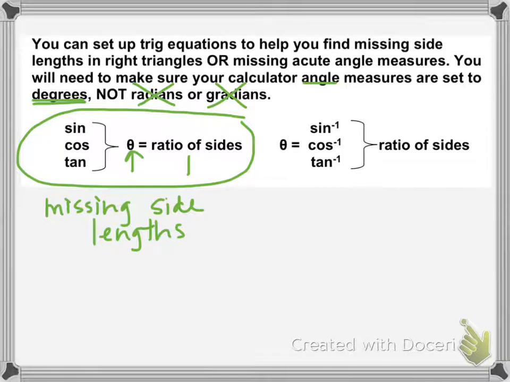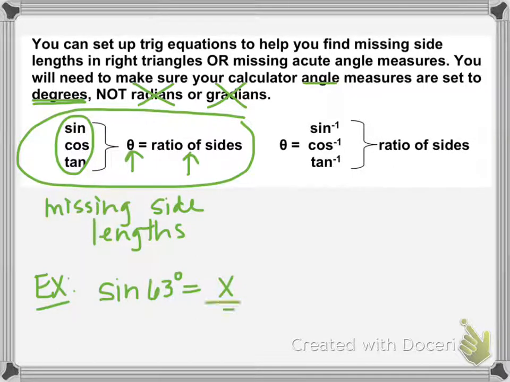In your ratio over here, one part of your ratio will be a variable, okay? You're going to choose the appropriate trig function based on what you know. And I'll explain how this works when we do a few examples. So an example of what this could look like, of course this is just an example, you might have an equation that looks like this. Sine of 63 degrees equals x over 5. Okay, that could be a possible equation. And then I'll teach you how to solve that.